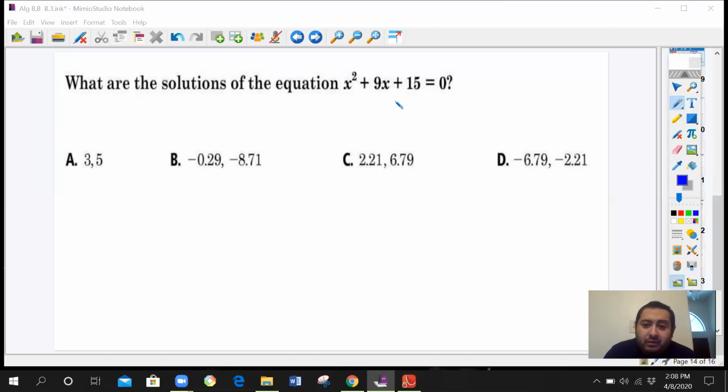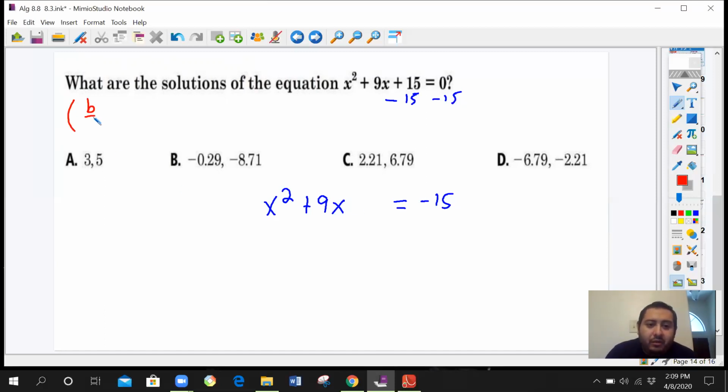So first, let's go ahead and subtract 15 on both sides. Hopefully we don't forget about that. We have x squared plus 9, don't forget the x, leave a blank space, equals negative 15. Let's go ahead and complete the square.